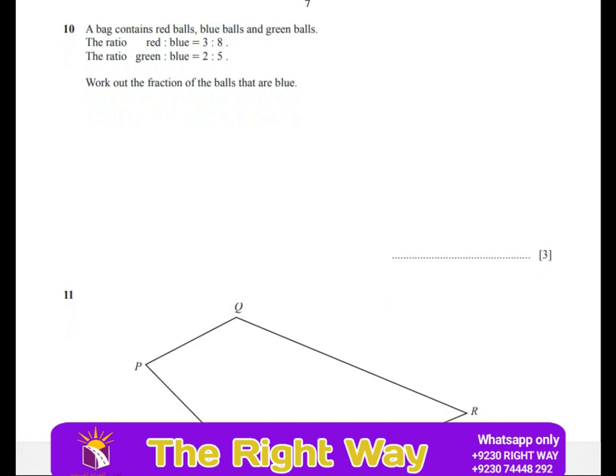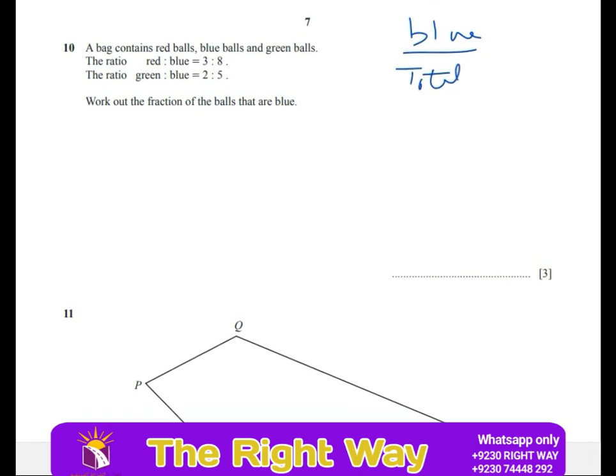Question number 10. A bag contains red balls, blue balls and green balls. The ratio of red to blue is 3:8 and the ratio of green to blue is 2:5. Find the fraction of the balls that are blue. For the blue balls, I have to find blue divided by total number of balls.